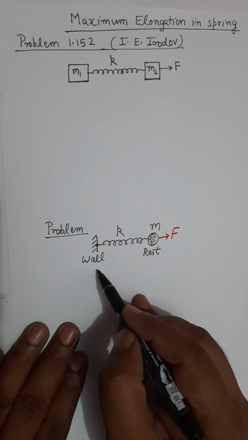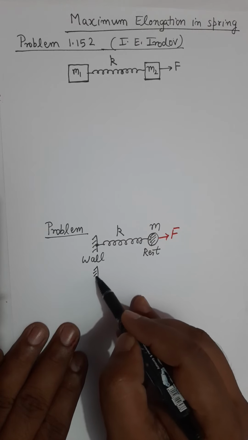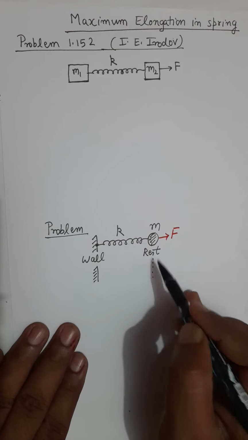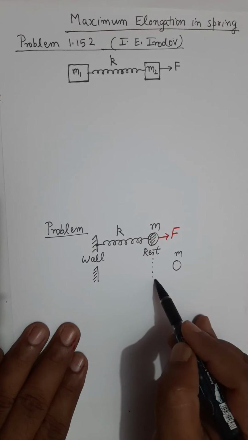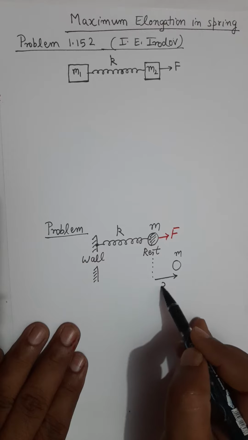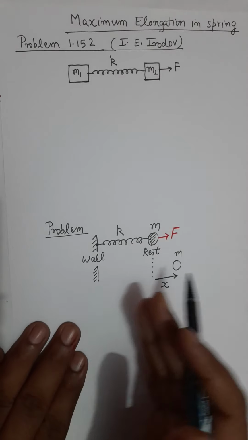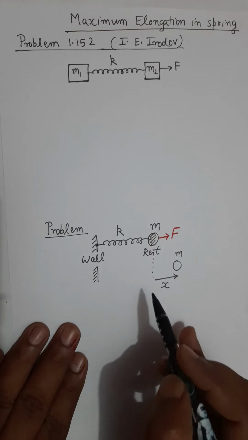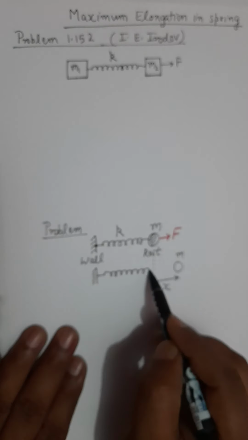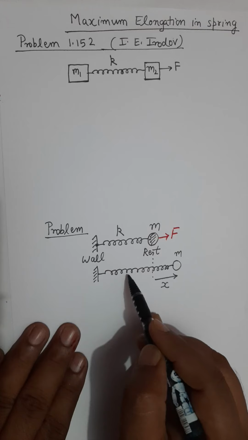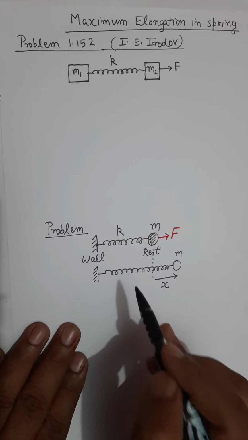If I try to write the equation for this particle m, let's say at a certain time the particle m is at x distance from the initial place, it has moved x distance forward. Certainly the spring will now be elongated.